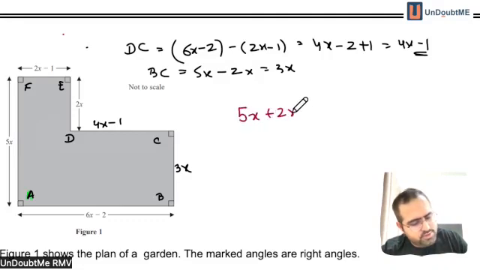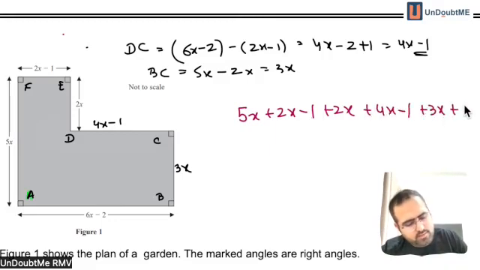5x plus 2x minus 1 plus 2x plus 4x minus 1 plus 3x plus 6x minus 2. If I collect all x: 1, 2, 3, 4, 5, 6, 7, 7 and 2 is 9, 13, 13 and 9 will be 22.